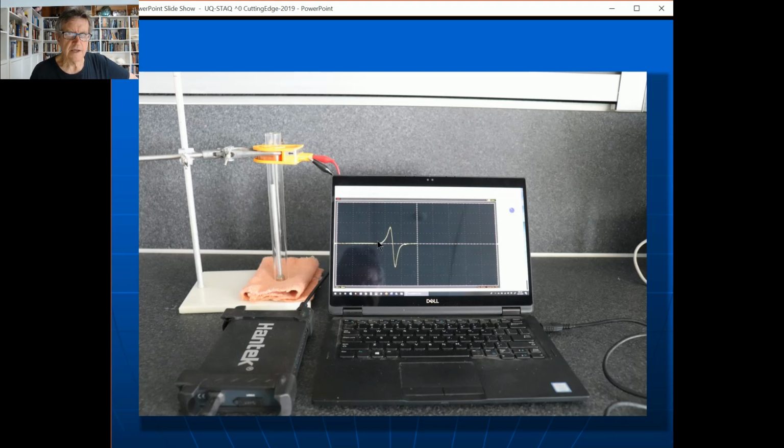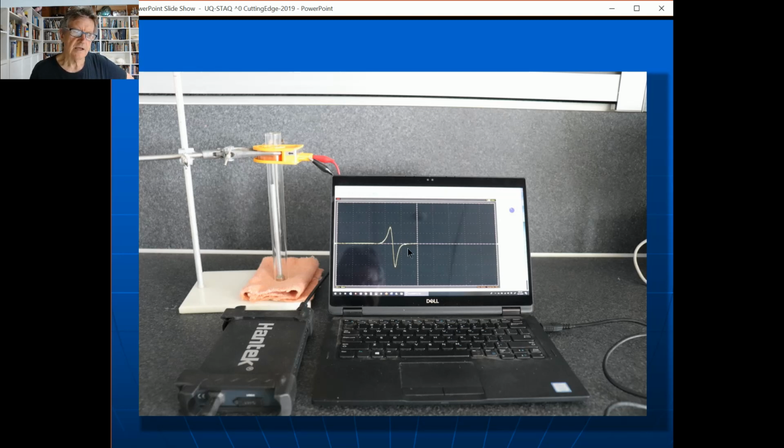Now you'll notice what you can see about this. I hope you can see the time for it when it first generates an EMF is there, and then in the middle it's there, and then when it comes out it's there. Now you can see it takes longer to go in than it takes to come out because it's accelerating.